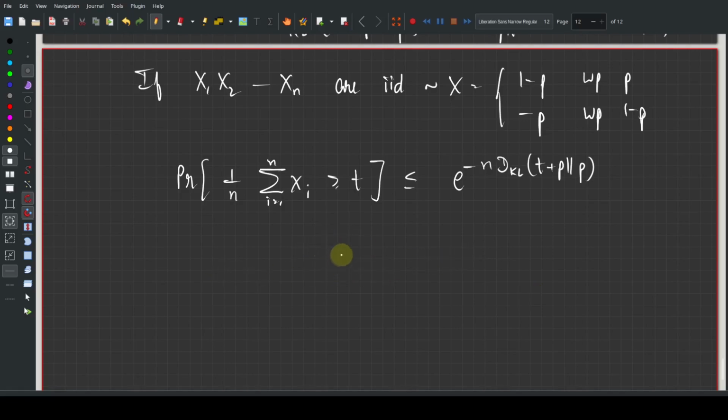So it turns out that the KL divergence between t plus p and p, this quantity is greater than or equal to, I'll write it in a slightly different way. p into 1 plus delta and p is greater than or equal to delta square p by 4.